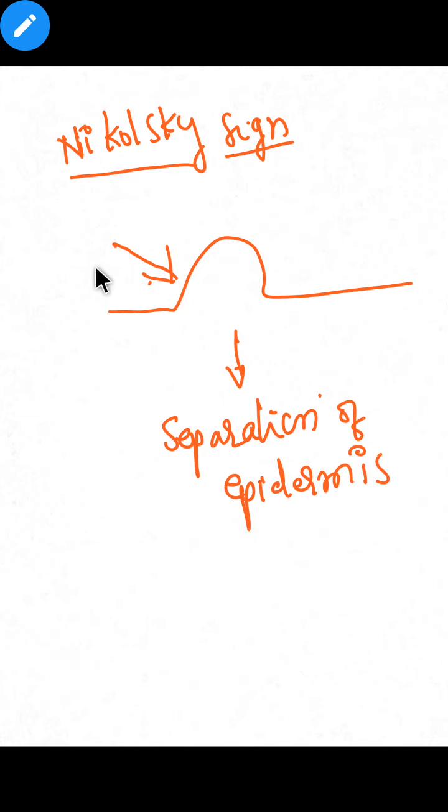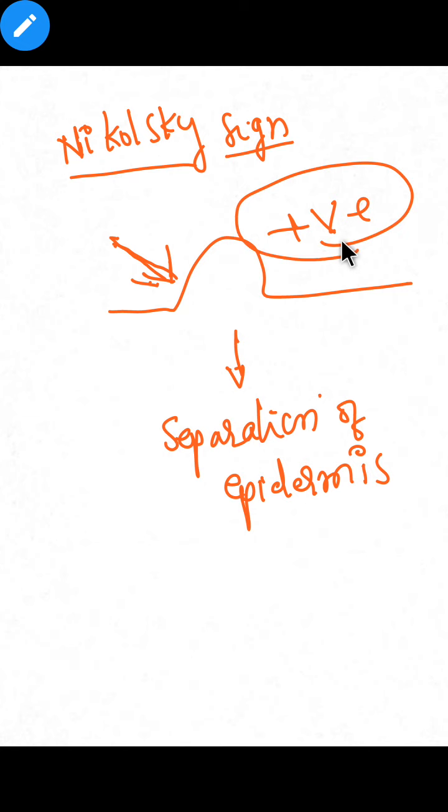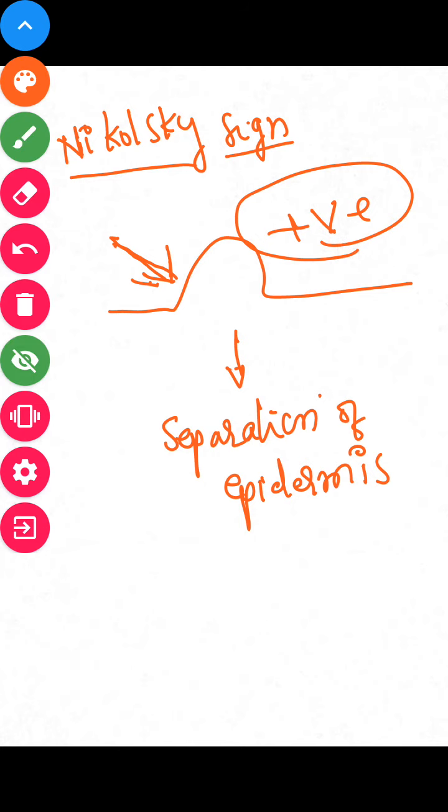Okay, when we give pressure either tangentially or perpendicular, whatever it is, there will be separation of epidermis. Then we can say the Nikolsky sign is positive, and this is positive in Pemphigus vulgaris. This is one sign. One more sign is Bullae spread sign.